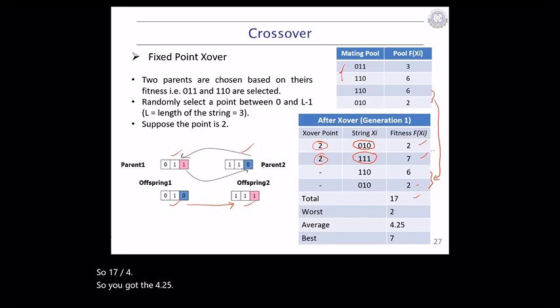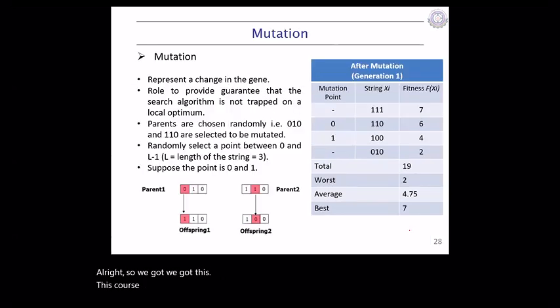The worst is 2, and the best is 7. This is the result of the crossover. So we got this crossover table.